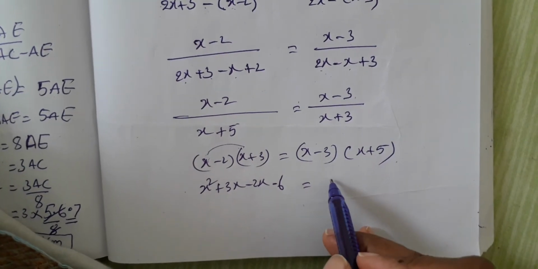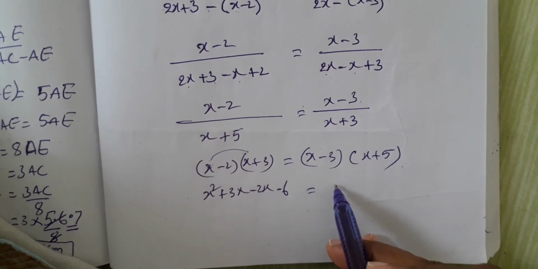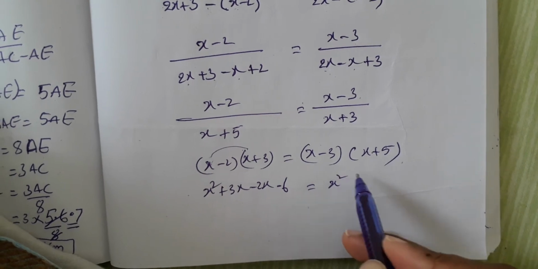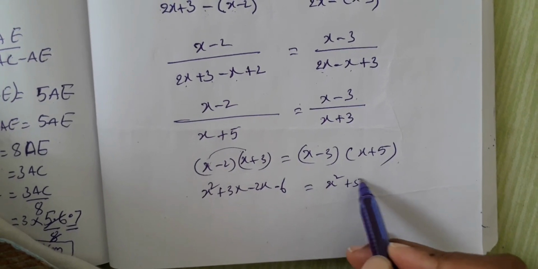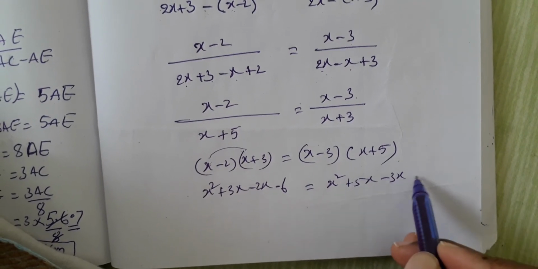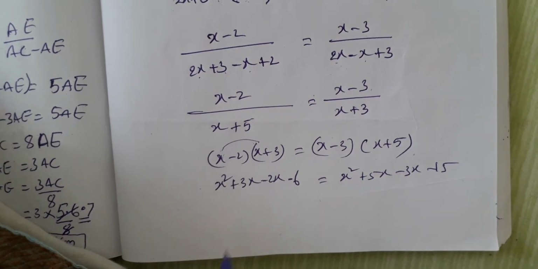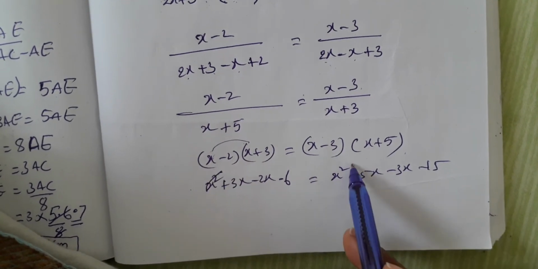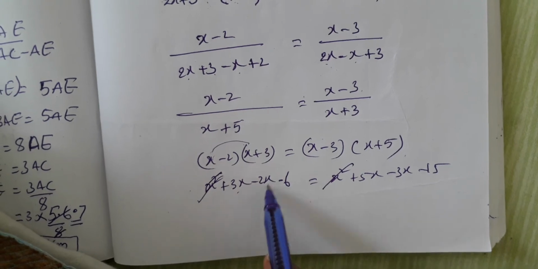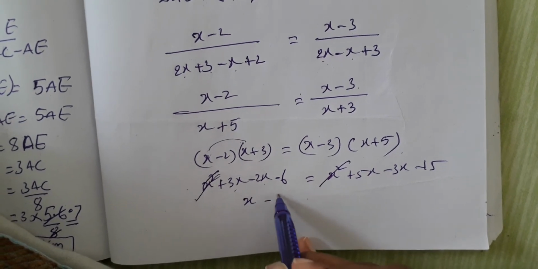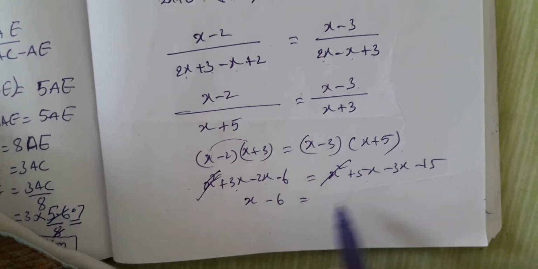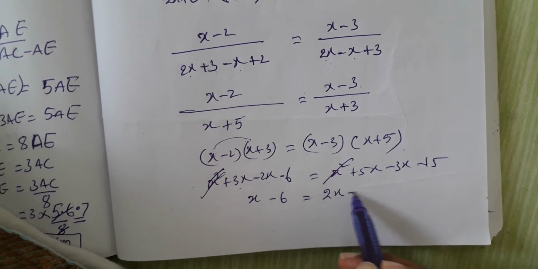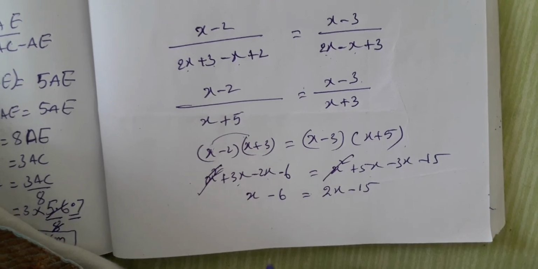Now also apply the distributive property: x into x is x square, plus 5x, minus 3x, minus 15. So x square on both sides can be cancelled. 3x minus 2x is x, minus 6. 5x minus 3x is 2x, minus 15.